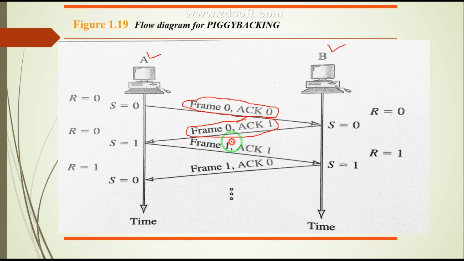So station A is going to send frame 1 and ACK 1 to B, which tells B that I received frame 0. Now station A wants frame 1. So station B now sends frame 1 and ACK 0.